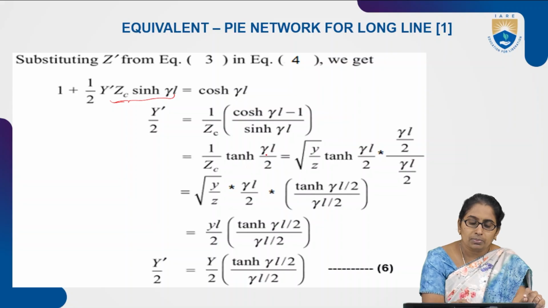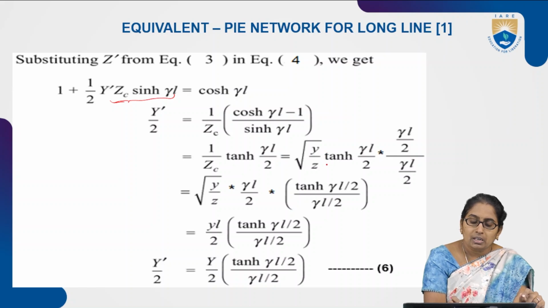Now, further simplifying. We know that 1 by Zc, capital Zc, is square root of y by z, and tanh gamma L by 2, we multiply and divide with gamma L by 2.